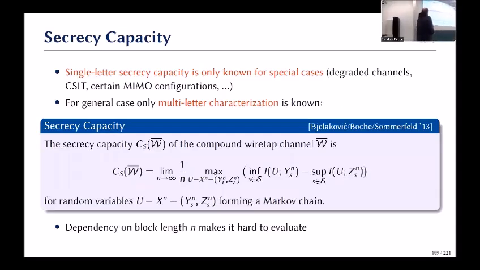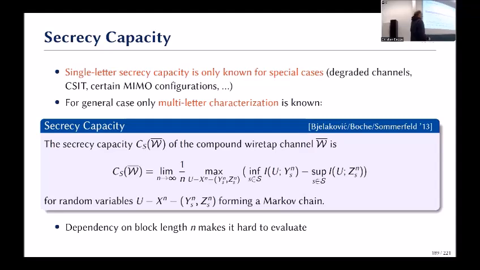So first, let's look at what is known for the transmission case. So the single letter capacity is only known for special cases. But for the general characterization, you only have this multi-letter formula. This one here.